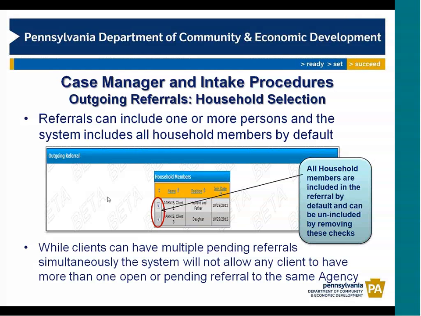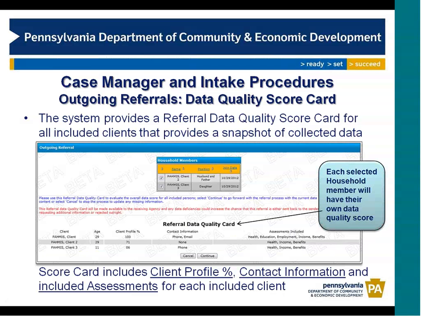So the agency needs to process that referral before a new one can be sent. If a client already has one sent to that agency, it won't allow the process to continue, and the same goes for any household members. So it's got filtering in there. If it doesn't allow you to do that, it probably has an open one. You can edit your referrals, though. We'll bring that up.